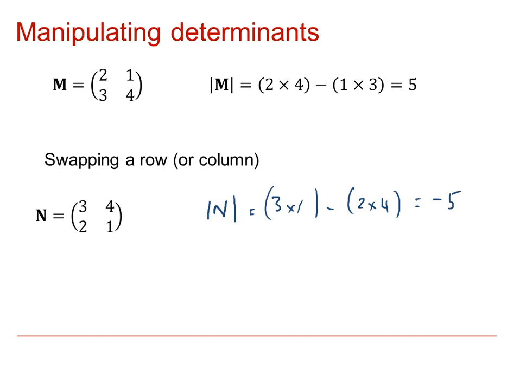And in general, it's true that if we interchange a row or column, then the matrix will have a determinant which is the negative of the original determinant.